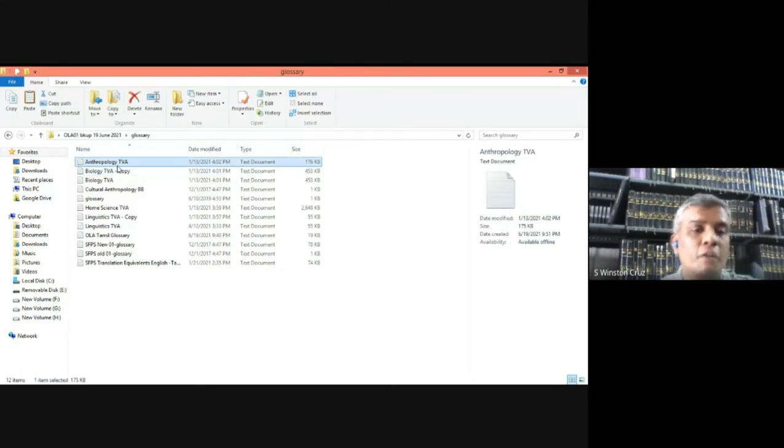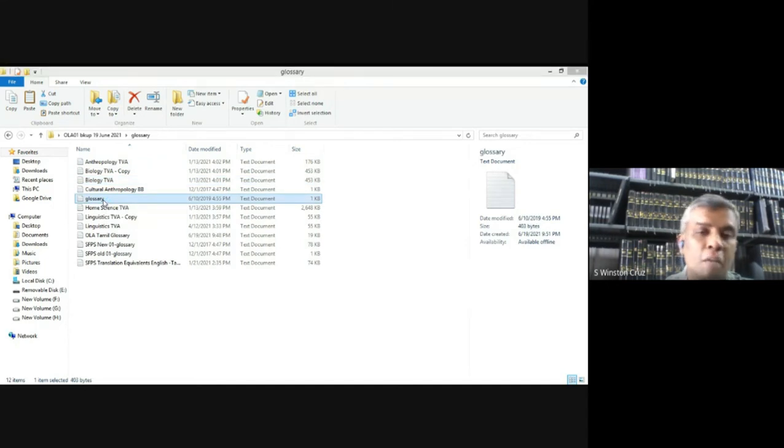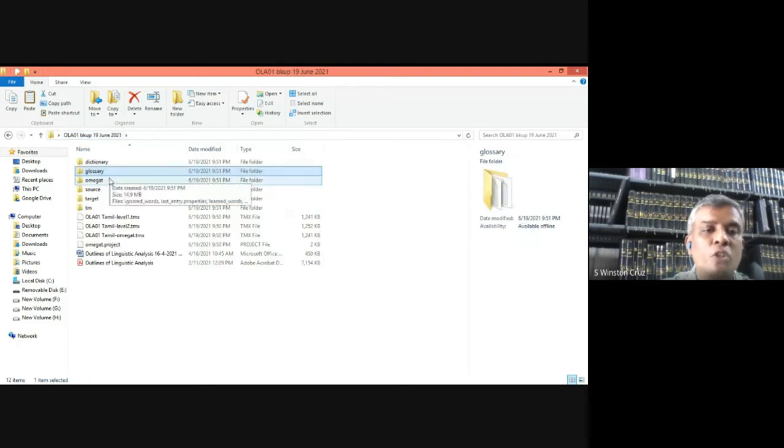For this particular translation that I am doing, I have so many glossaries put up here. Apart from those, I am also creating my own glossary from the work that I'm doing. The glossary files are saved in the glossary folder.